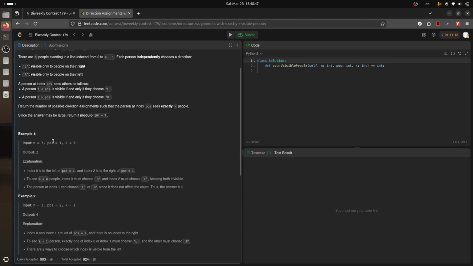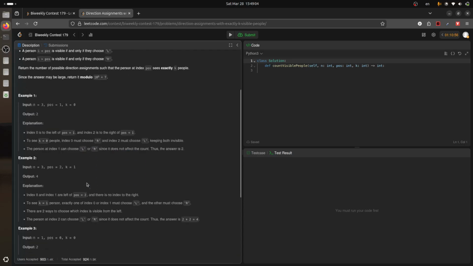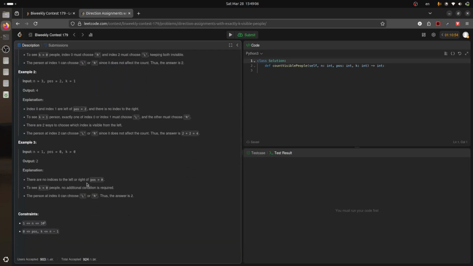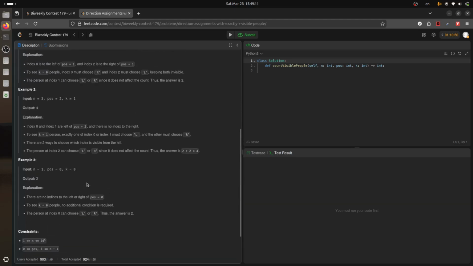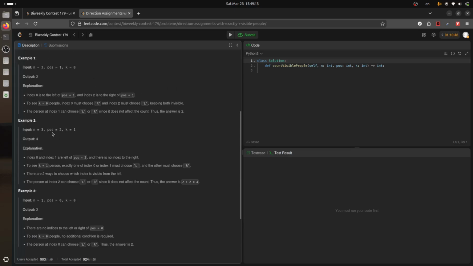So we got 3 people, right? And the middle person is this. To the left of pos, to the right. So to see k people they must choose R, R. Okay. So we are at pos 2, so the last person, and we want to see 1 person.